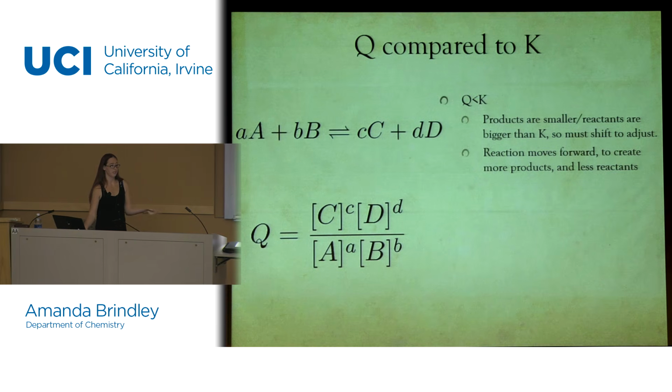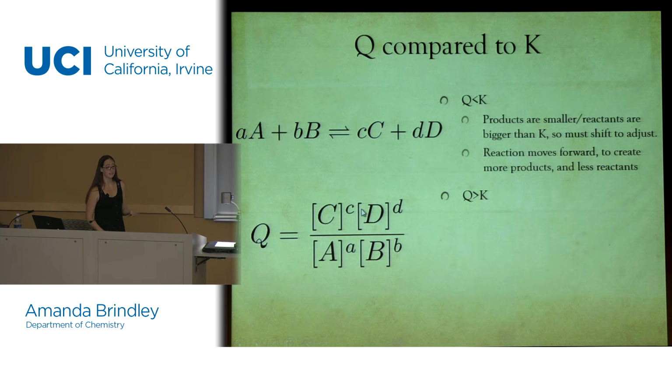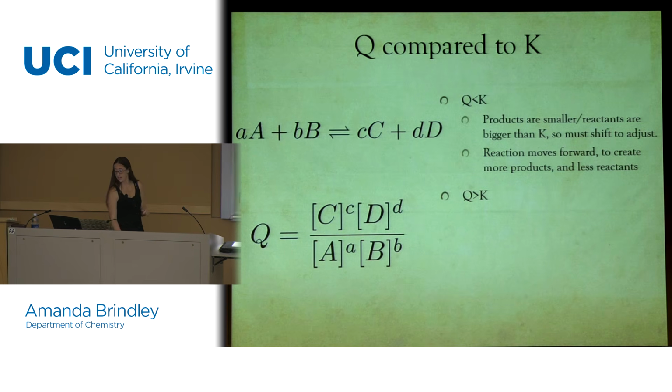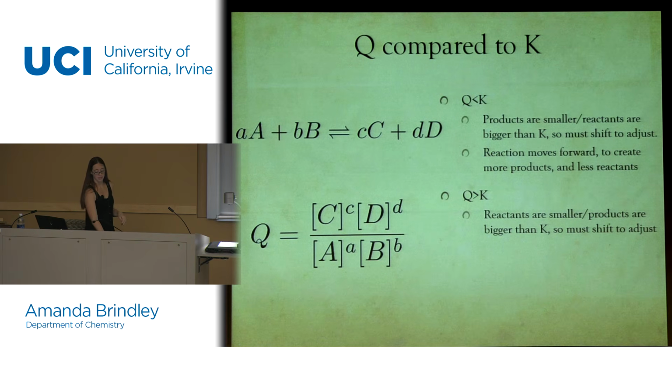Okay. So the exact reverse of this then. What if Q is greater than K? If Q is greater than K, do we have too many reactants or not enough? Well, now you have too many products, right? Now your numerator is too big if your Q is bigger than K. Or conversely, your reactants are too small, whichever. You need to adjust that.